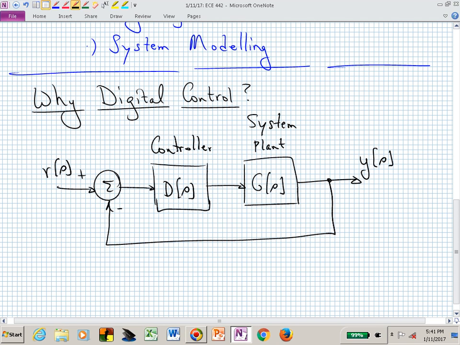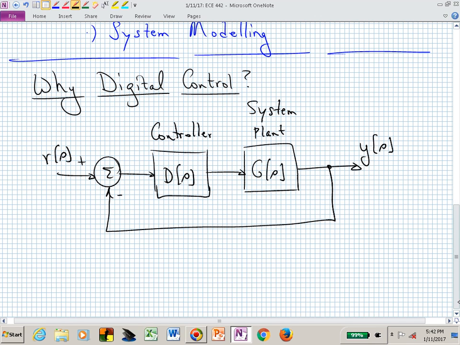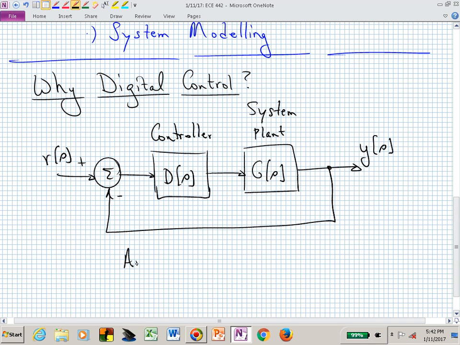Maybe it's tracking that reference signal, maybe it's responding to disturbances, maybe G of S is varying and you want to make the closed loop system look about the same, even though G might look quite different between different realizations of that particular system. But this is now a conventional analog control system. And that's what we have studied.